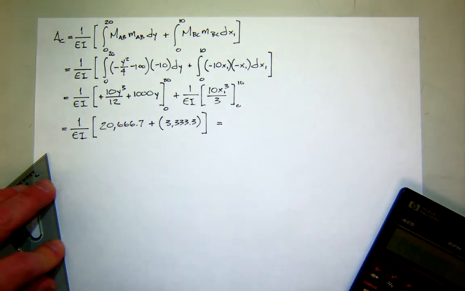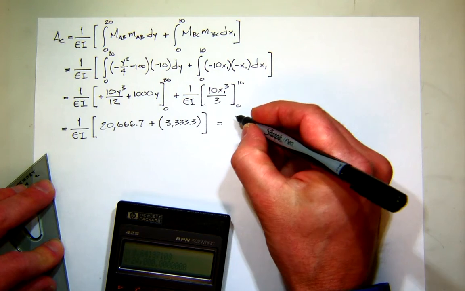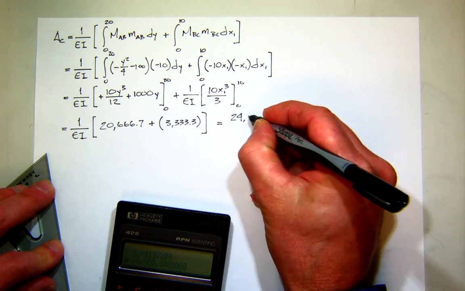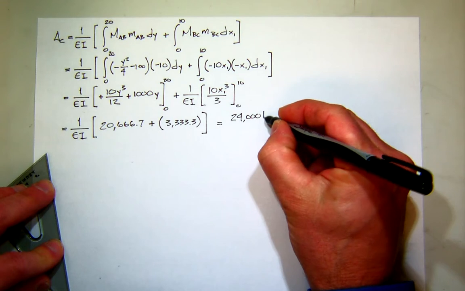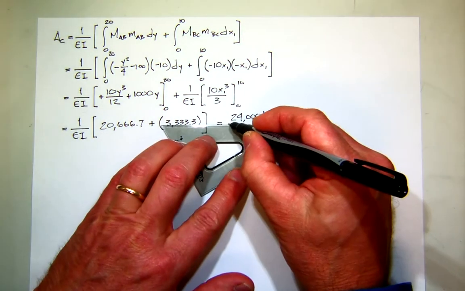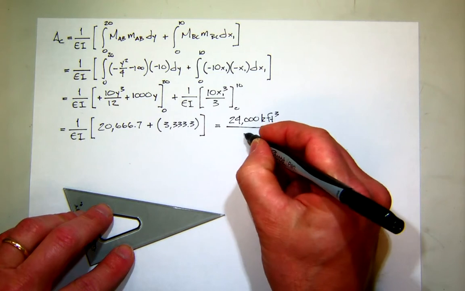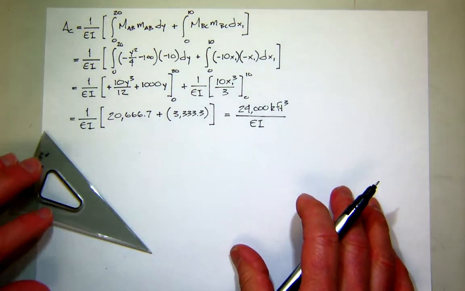So if I add those two together, looks like I get exactly 24,000. And the units are going to be kip feet cubed and then divided by EI. Hopefully I did that right. Probably have to check this later.